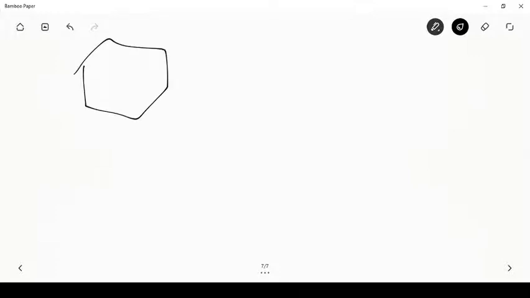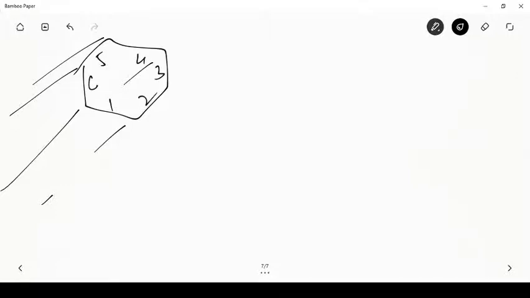suppose I have drawn a 6-face enclosure. This is a 2-dimensional enclosure. Let us say it is infinitely long in the 3rd dimension, so the cross section is 2-dimensional. If I call these surfaces 1, 2, 3, 4, 5, 6, consider the energy leaving surface 1 and reaching all the other surfaces of the enclosure.